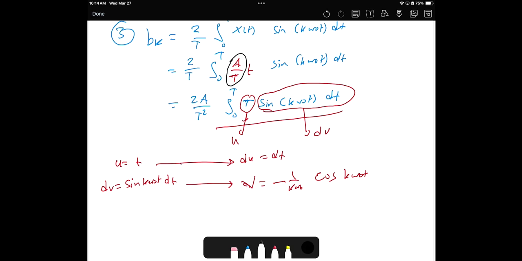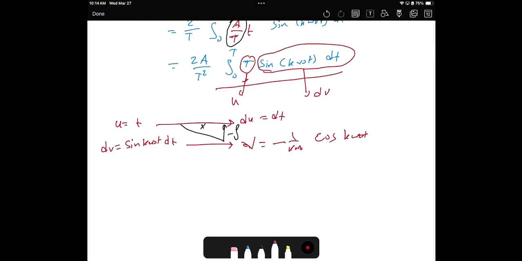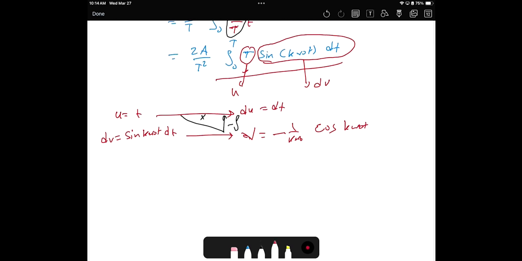And according to the integration by parts, we do the products along the diagonal, and here we will do minus integral. So as a result, the integration of u dv will be uv minus the integral of v du.